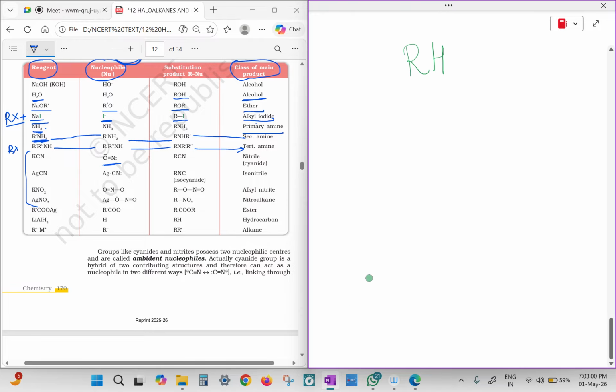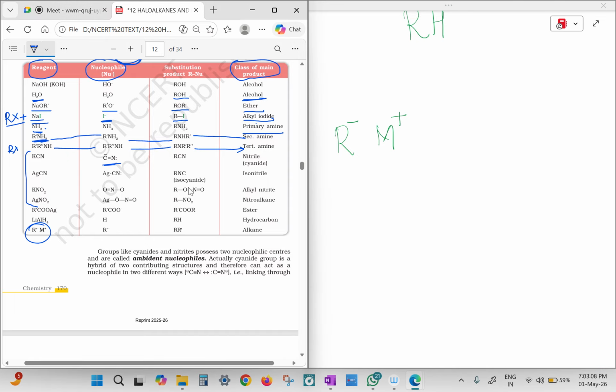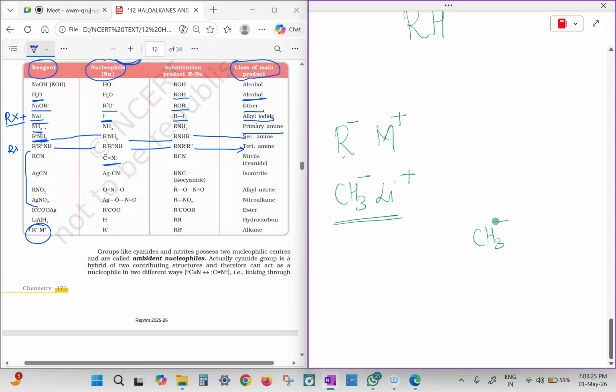And finally, the organometallic compound. This is R minus, metal plus. The last one, please understand, it is RM. Say, for example, CH3Li. Lithium is positively charged, this is negatively charged. This is the reagent. What does it provide? It will provide a CH3 minus. So treat it on an RX.